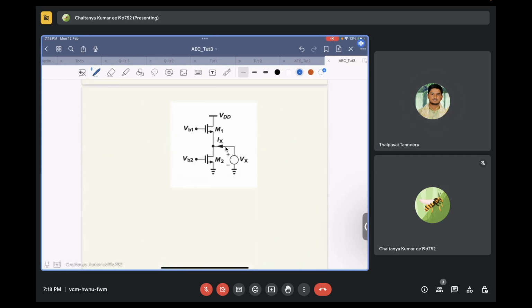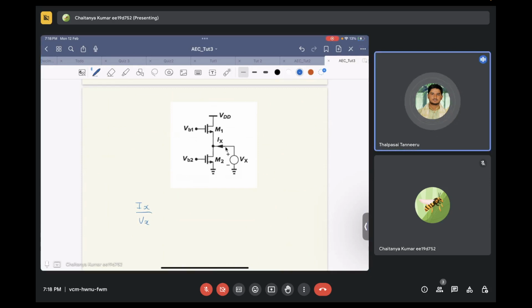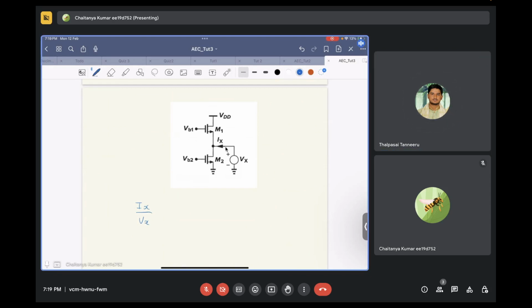Now the last question, you need to find out Ix by Vx. This you can find out quickly. Let's say this is AC. What is the looking in impedance on top?